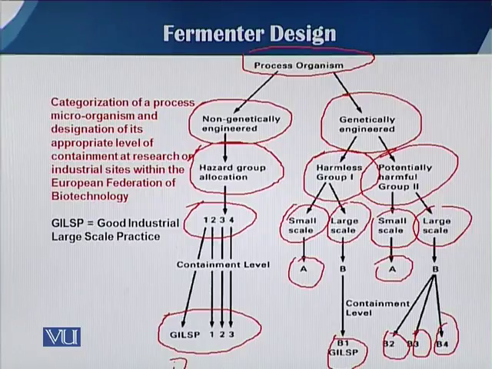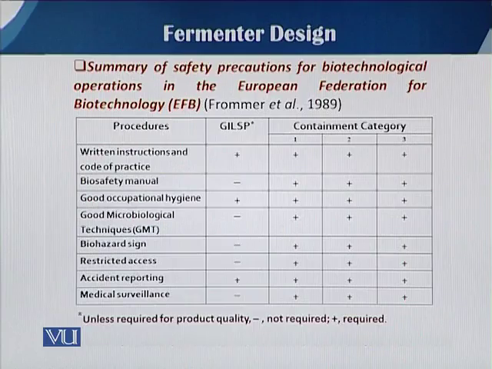By this diagram you can see how we give different containment levels to our process organism. So if we know our process organisms and their level of containment, then according to the criteria reported by the European Federation of Biotechnology, EFB, first reported by Farmer et al. 1989, a table was designed in which he mentioned clearly the different procedures we have to follow in different categories.